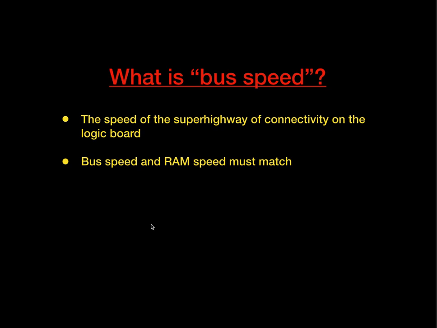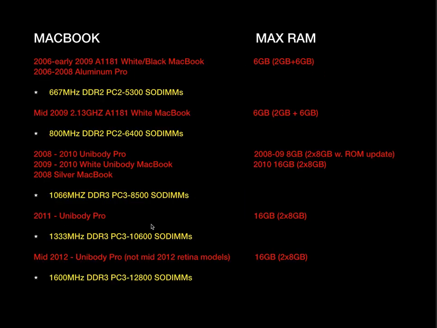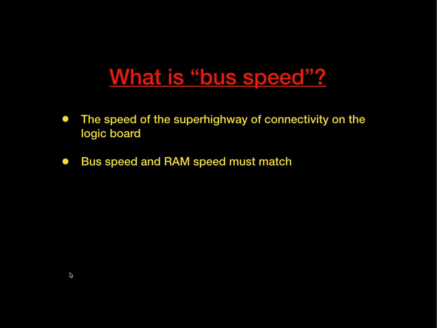So I'll get into some concepts first. What is the bus speed? If you look at this slide, I mentioned 667, 1066, 1600. What is a bus speed? Think of it as the superhighway of connectivity on the logic board, connecting the processor, the RAM, and all the other components.